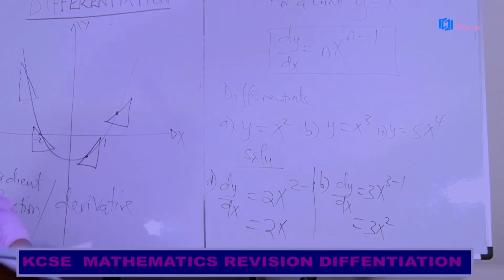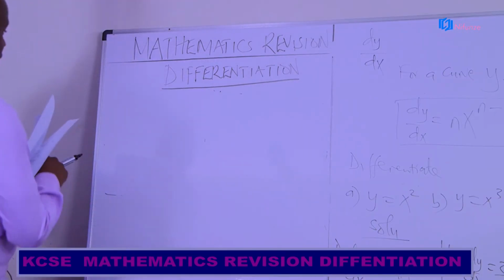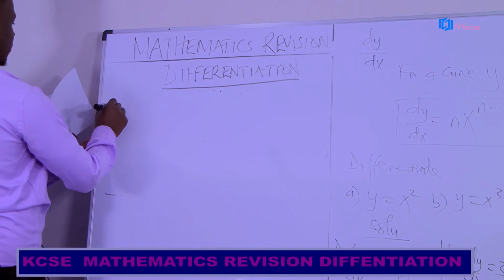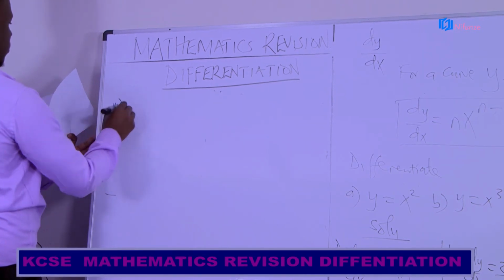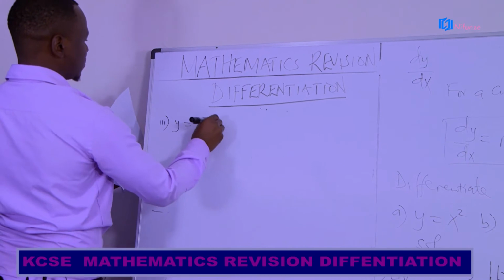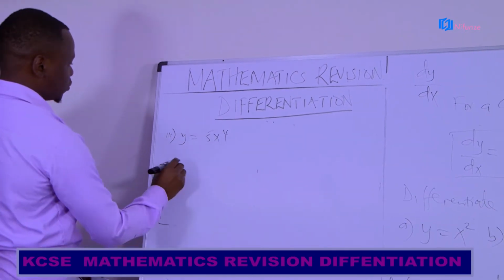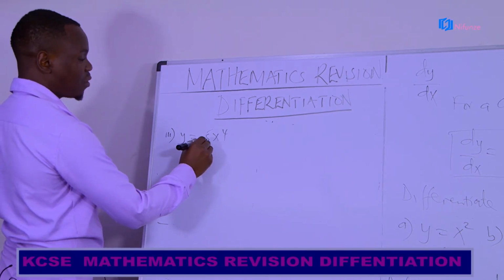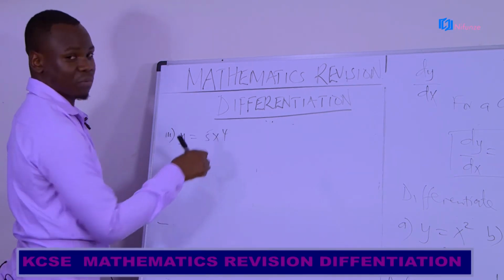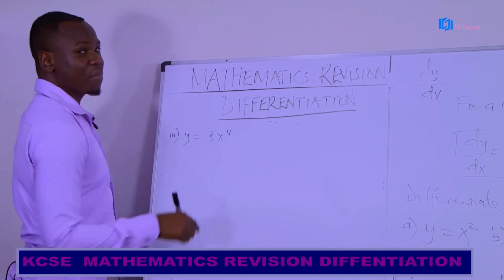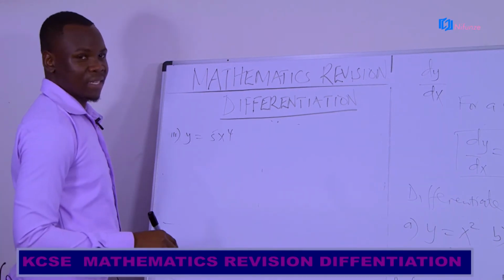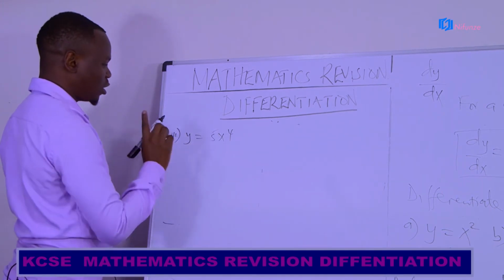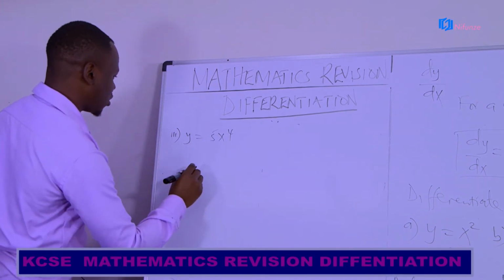Let's look at the third case. In case 3, we have y is 5x raised power 4. We can see we have a number coming before x raised power 4. So this number should not be altered. We only bring the power to multiply it, but we don't interfere with it or ignore it.